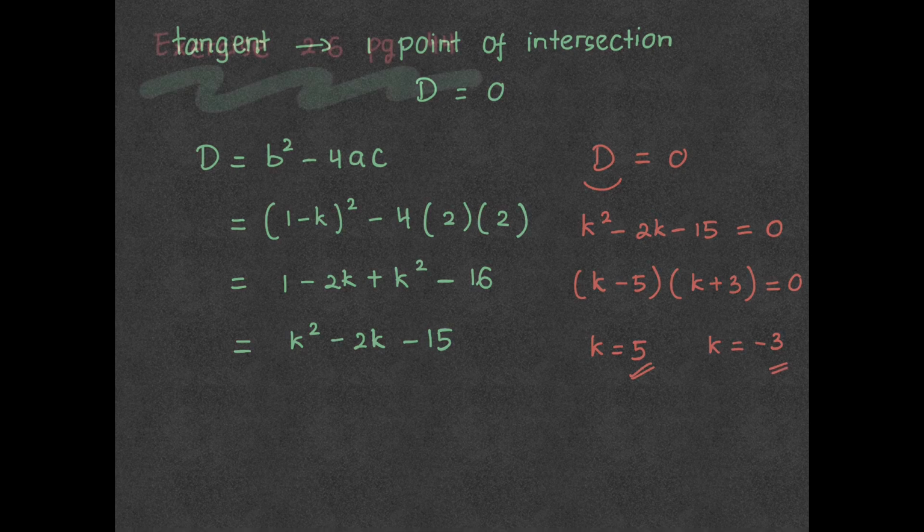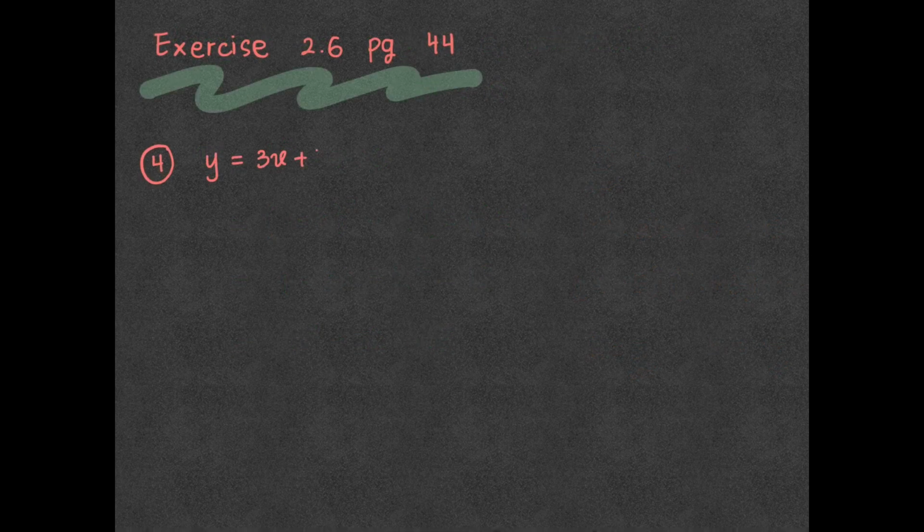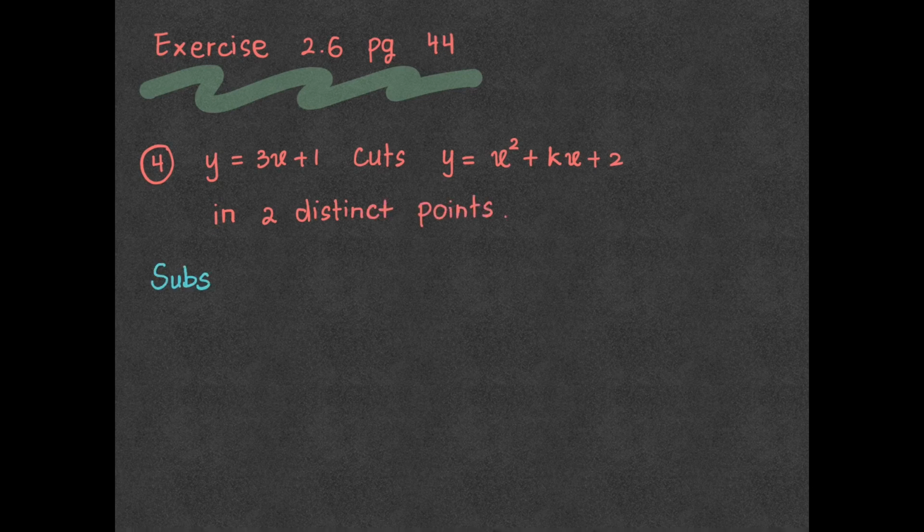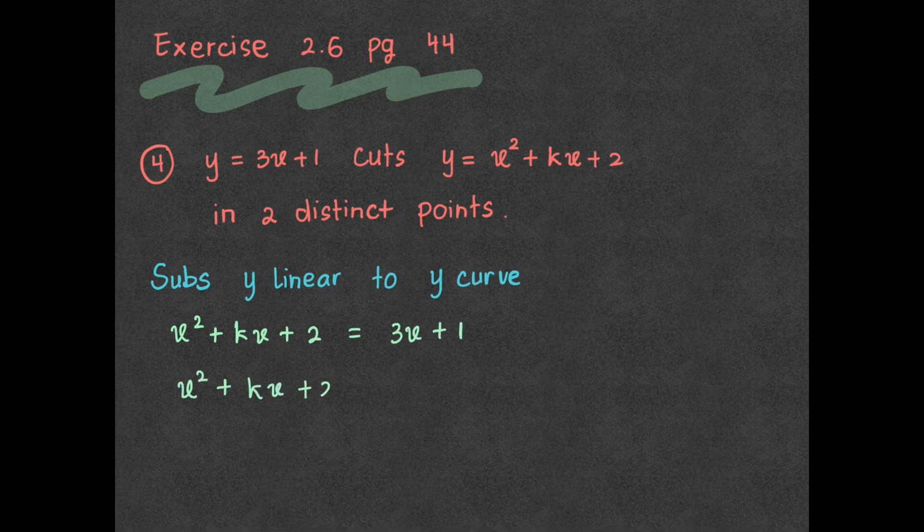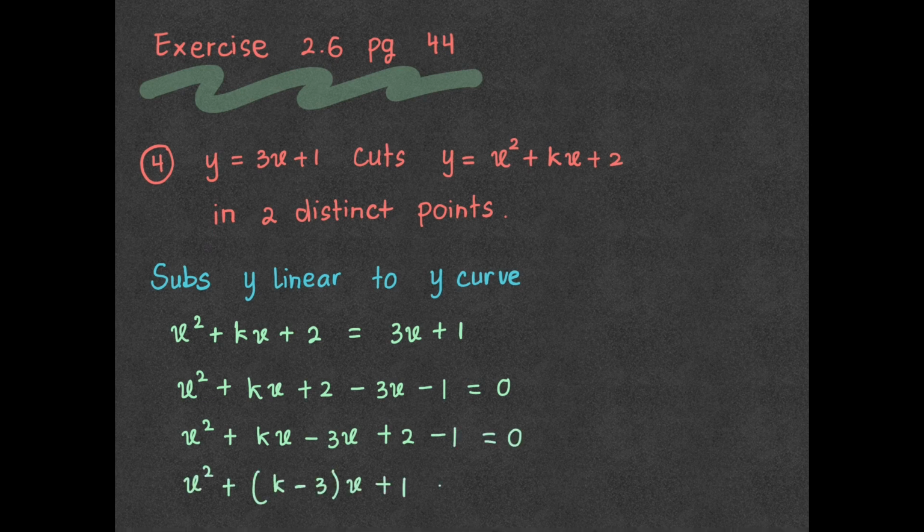Let's see another example, now from number 4. Again, you are given a line and a curve, with the information that the line intersects or cuts the curve at two distinct points. Substitute the y from the linear into the y from the curve. Make your right-hand side equal to 0. Collect the same terms and simplify. You will see a quadratic equation; define the values of a, b, c.